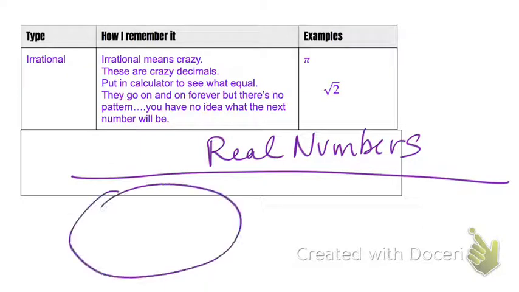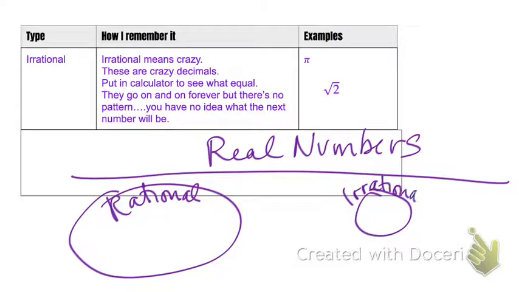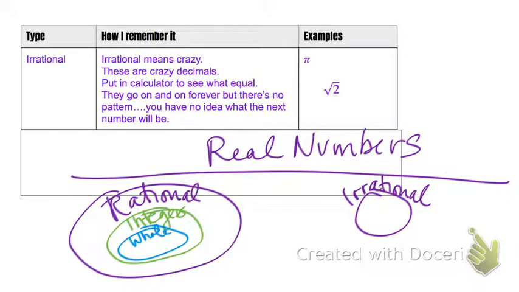It includes rational numbers, and it includes a small set of irrational, crazy numbers, decimals that go on and on with no pattern. Rational numbers can be broken down into integers, whole numbers, and then the natural numbers are just the ones that you can count on your fingers.